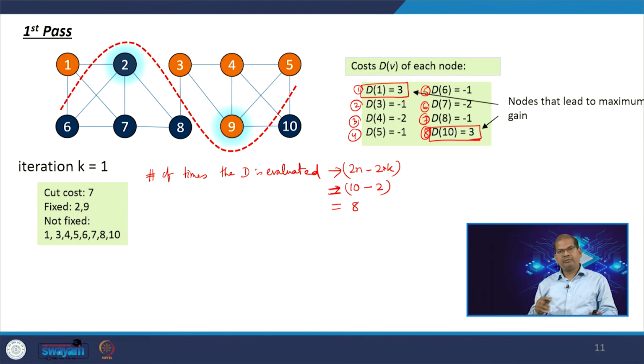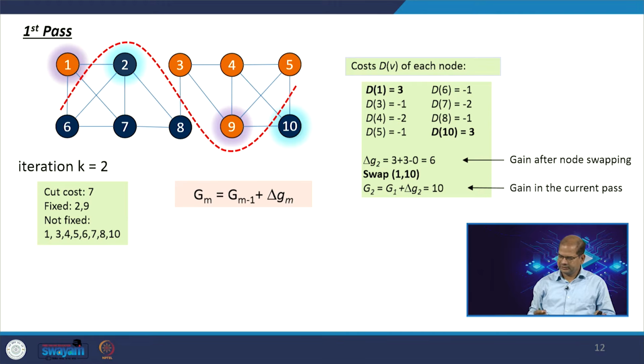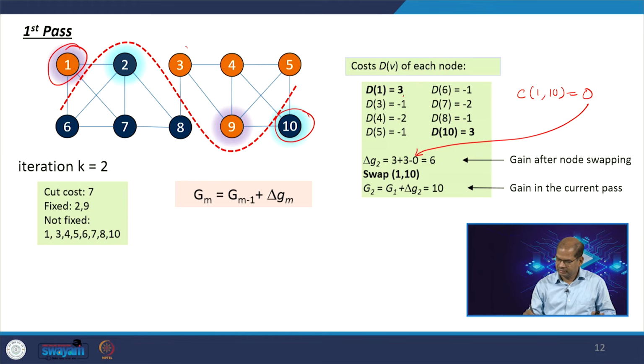Ideally you have to do it for all nodes if you are implementing the algorithm, but here we are finding the nodes visually. So nodes 1 and 10 need to be swapped. C of 1 comma 10 is 0, because there is no edge between node 1 and node 10. The gain is 3 plus 3, so my delta G 2 is 6.